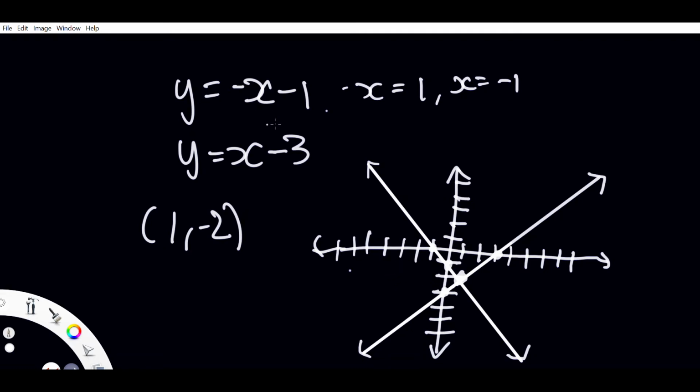If we check here, we'd get -2 is equal to -1 minus 1, which is -2, and for y is equal to x minus 3, -2 is equal to 1 minus 3, which again gives us -2 is equal to -2.